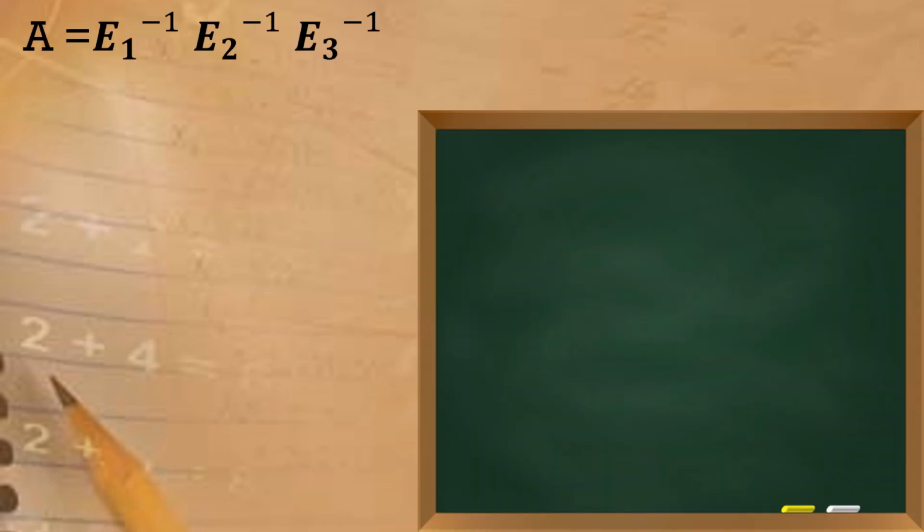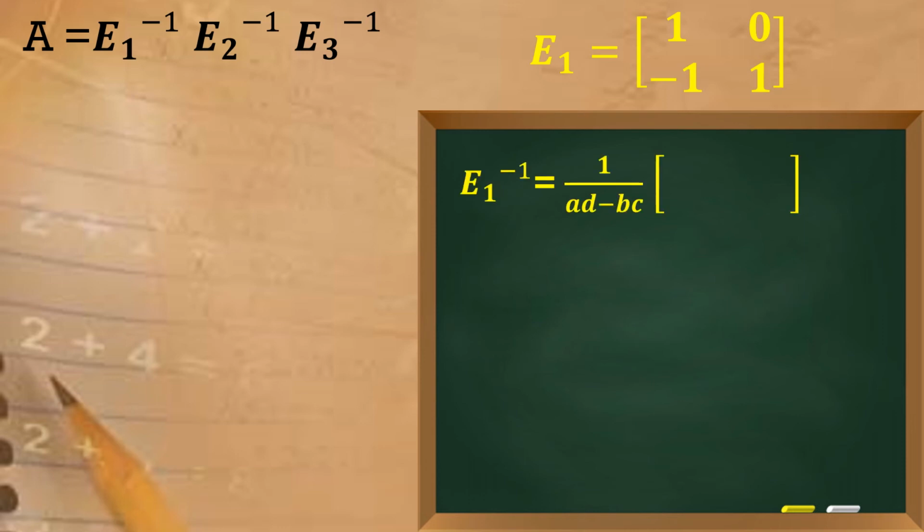Let's start. So E sub 1 is equal to [1, 0; negative 1, 1]. To find E sub 1 inverse, we use this formula. E sub 1 inverse is equal to 1 over (A multiplied by D minus B multiplied by C) multiplied by the matrix [D, negative B; negative C, A]. Substitute the given.